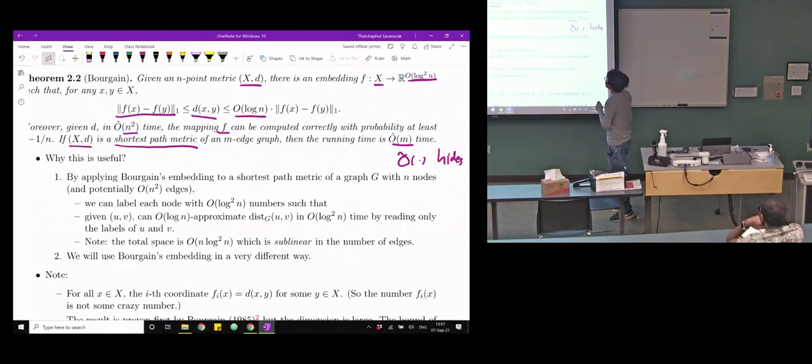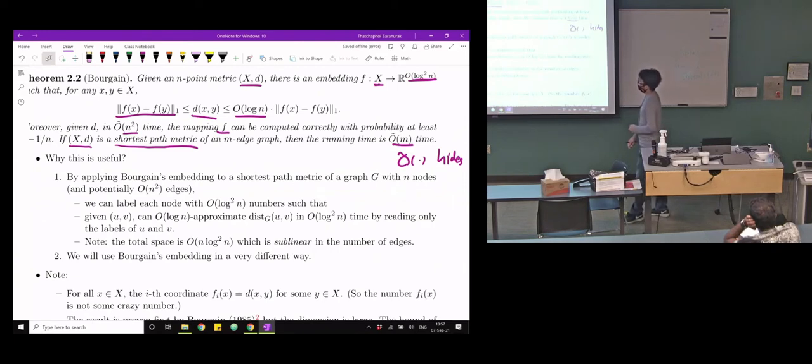This is just the dimension here. And then if you want to estimate the distance, just read the labels and you get a log n approximation of the distance in log n square time.